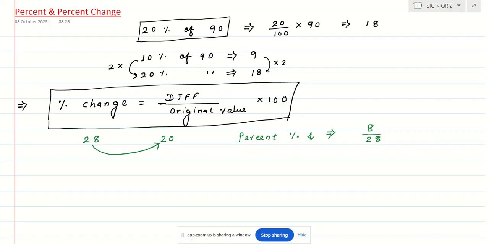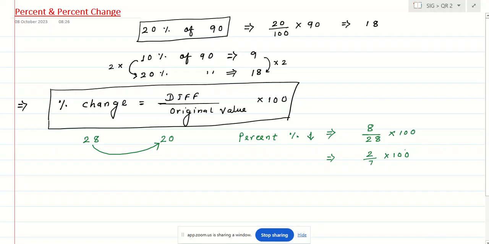Make sense what I'm talking about? So what is the original value here? 28, right? Into 100, I'll get the percentage change. How much do we get here? 8 by 28, 4 twos are 8, so 2 by 7.